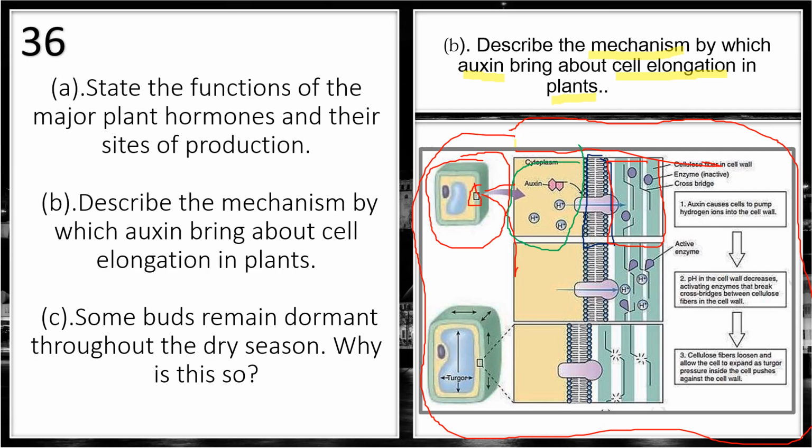And in the cytoplasm we have the auxins, and then we have the hydrogen ions. Then in the cell wall, we have the enzymes which are inactive, and then we also have the cross bridges. Those are the cross bridges in the fibers.